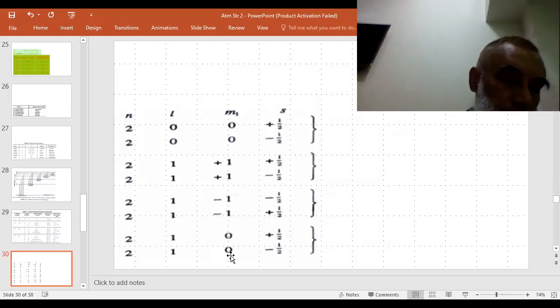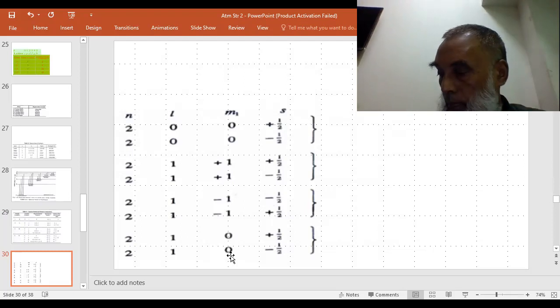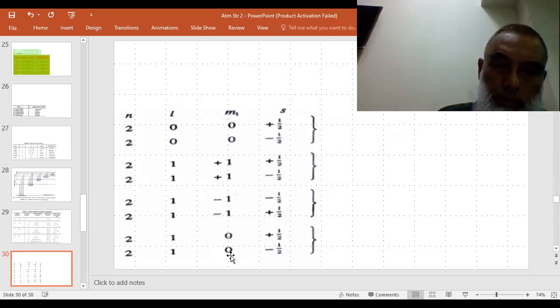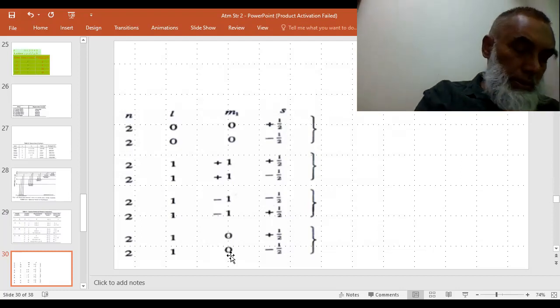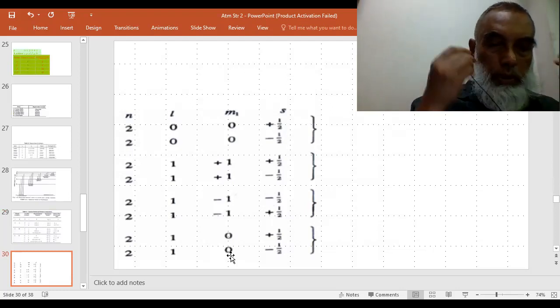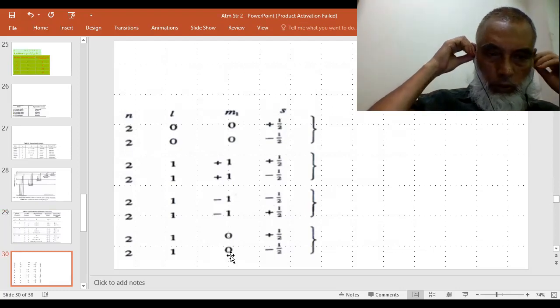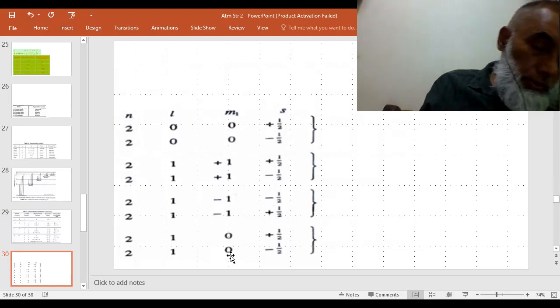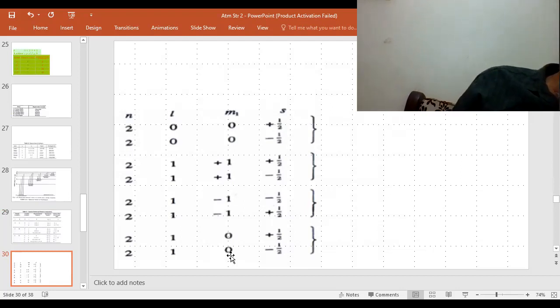The atoms in different levels, say first energy level, second energy level, third energy level, have their electronic arrangement, and it is shown here for atoms in the second energy level.